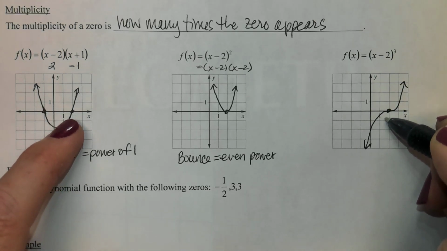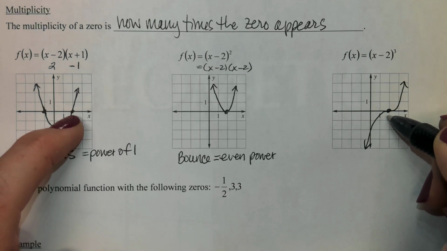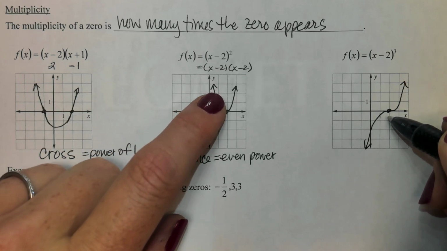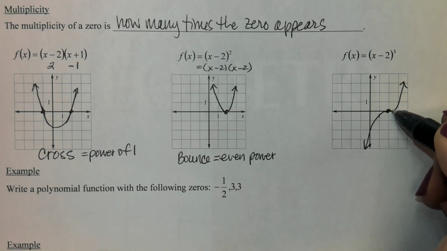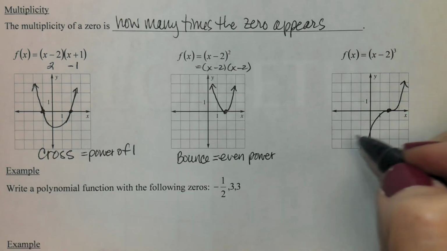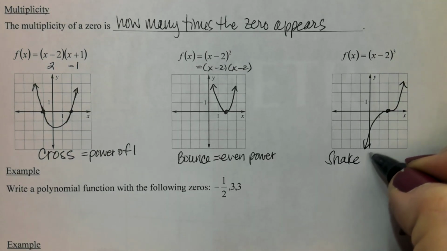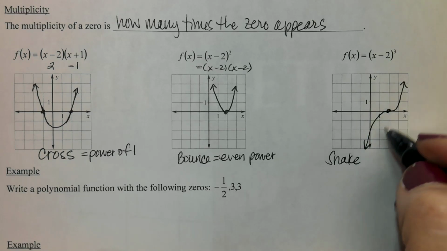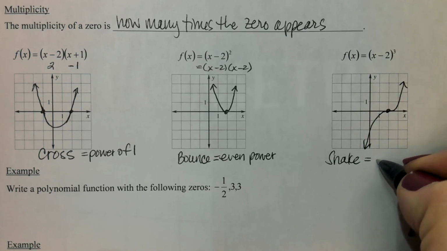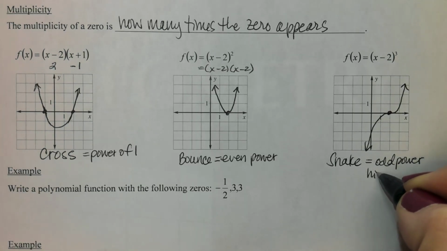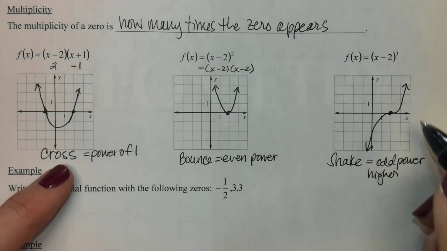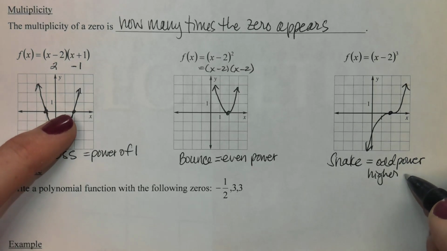So it doesn't cross straight through like this one. This one just went straight through. This one bounced off the 0. This one comes in, levels out for a hot second, and then keeps on going. So these we call snakes. They snake through their 0. And this happens for any odd powers higher than 1. Because if it's a power of 1, then it goes straight through, or it crosses.